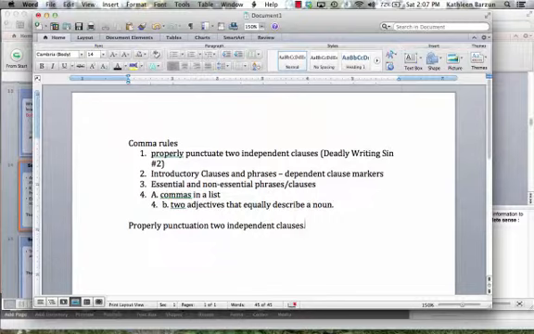And then another thing to think about with grammar is that grammar is the math of English, and by that I mean there are rules to it. Just like in math you need to learn certain formulas, a squared plus b squared equals c squared, and 2 plus 2 equals 4, and you need to understand that in order to move ahead.